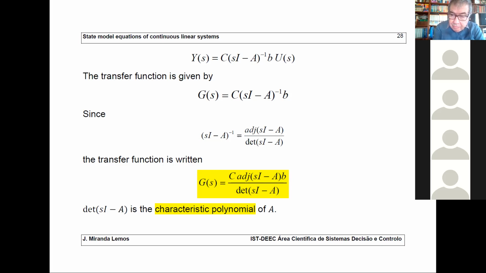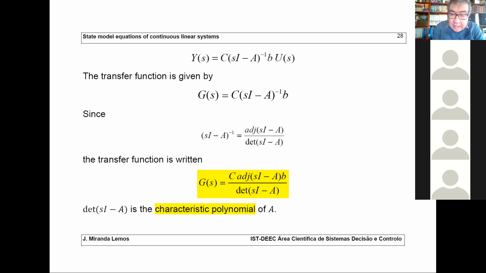So the poles determine the type of response that you can get in linear time invariant systems, because the response, remember this, is made of a sum of exponentials of the poles times time. The responses of linear invariant systems are linear combinations of exponentials of the poles times time. Remember this always.